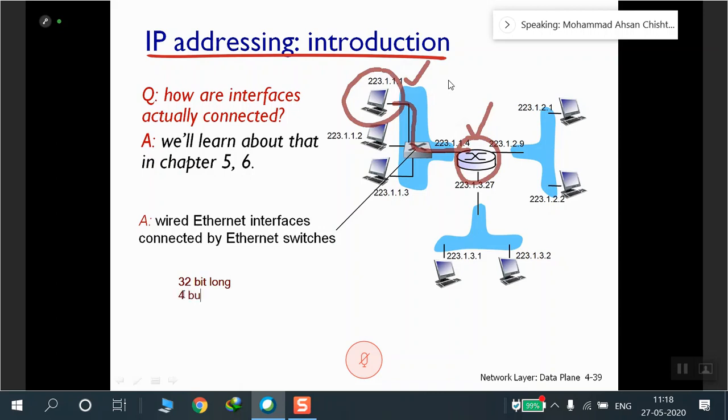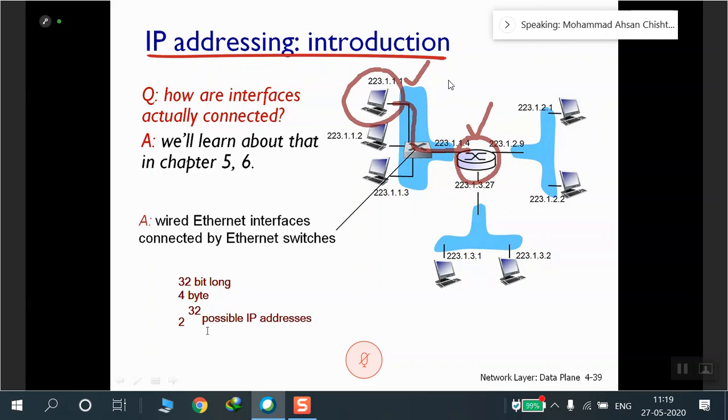If it's a 4-byte address, this means there are 2 to the power of 32 possible IP addresses.